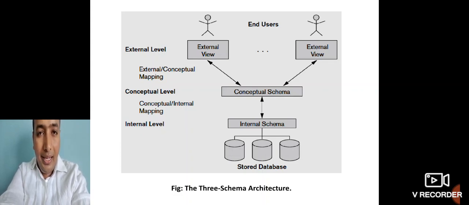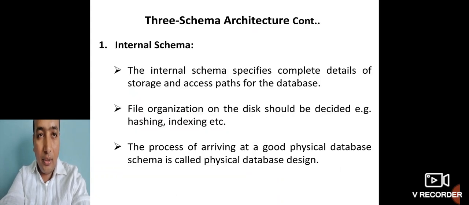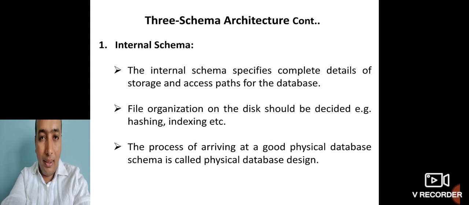Okay. Now in detail, let us try to understand what this internal, conceptual and external schema is going to have in our architecture there. So now let's start with our first one, that is your internal level. The name itself is telling. It is describing everything about the internal components there. See, in our database architecture, the main task is to store our data, isn't it?